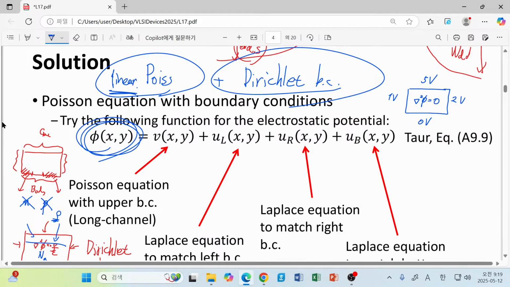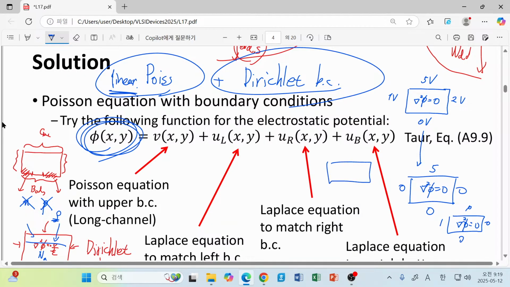What we can do is, for example, take 5, 0, 0, 0 and solve one Laplace equation, and also solve 1, 0, 0, 0. For this boundary condition, please try to solve once again. And also 2 volt, and solve the Laplace equation.